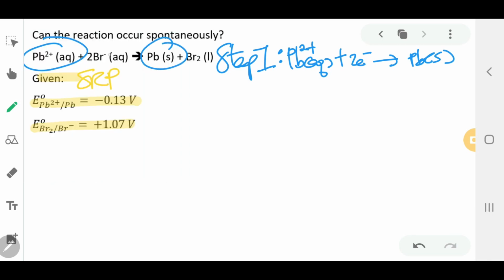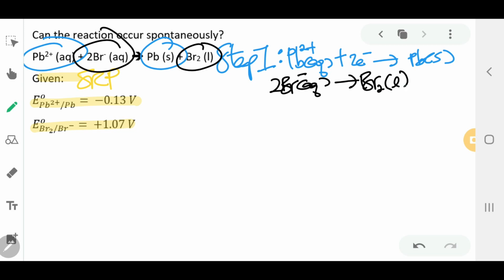And we're going to do bromine. So you have 2 Br minus aqueous, and on the other side here it becomes bromine, Br2 liquid, plus 2 electrons.